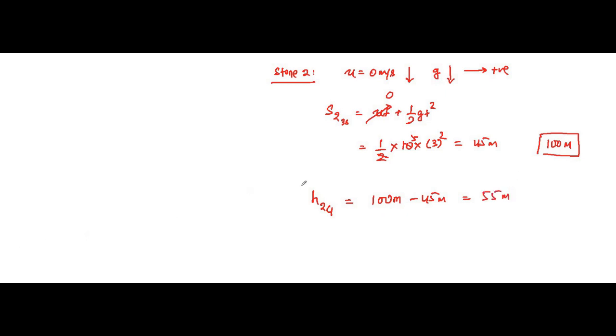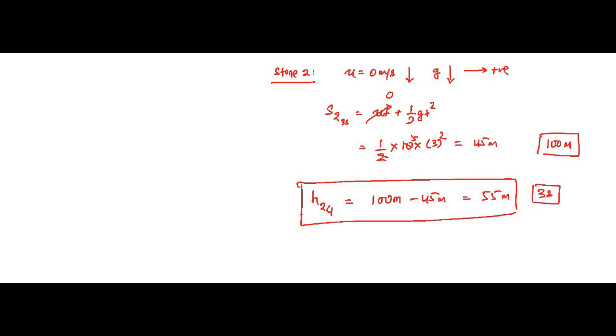So here stone number 2 is at a height of 55 meters above the ground after 3 seconds. So it's like this. Stone number 2 is at a height of 55 meters above the ground.